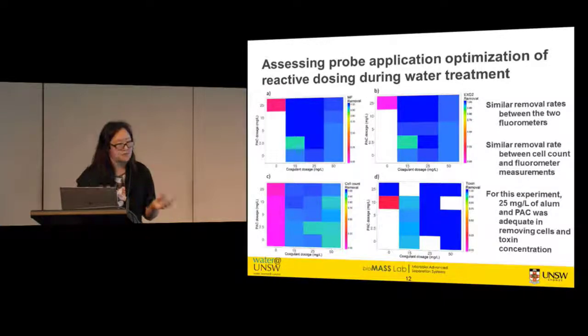We conducted a Pearson's test to check this correlation. This example was Microcystis, which produced microcystin-LR in this case, up to 20 nanograms per liter in the stationary phase. We were able to show that at this alum dose, some removal was achieved as you added more PAC. I thought that was pretty neat.